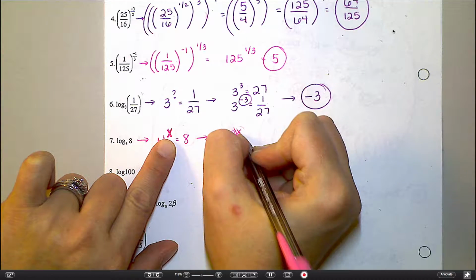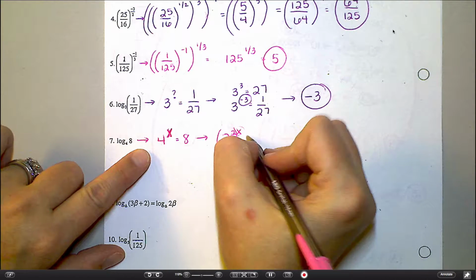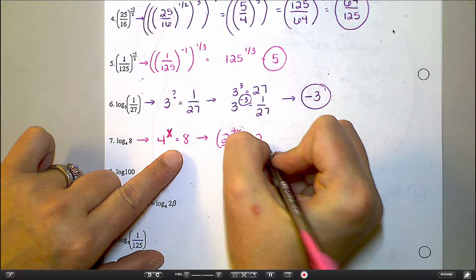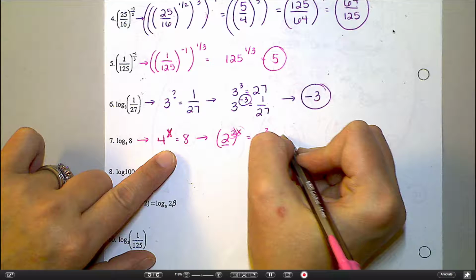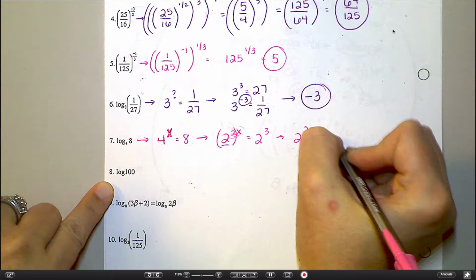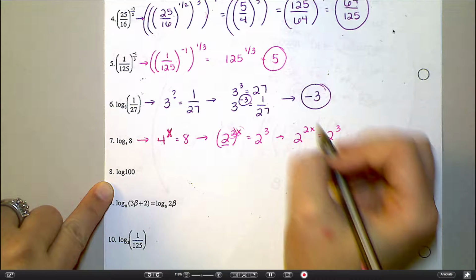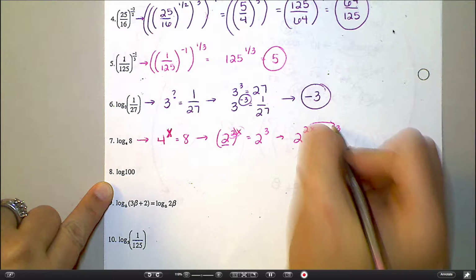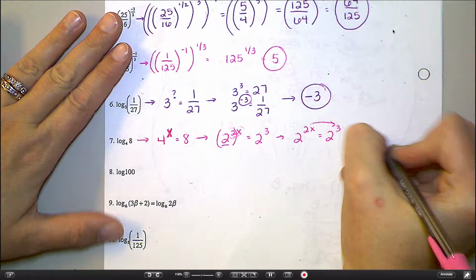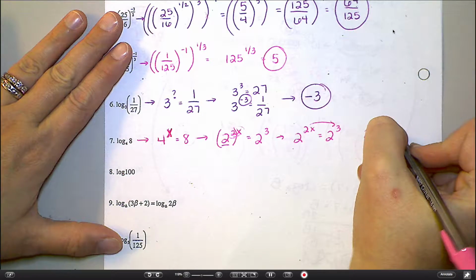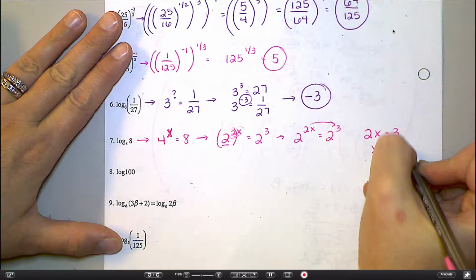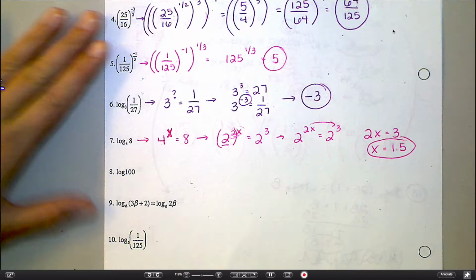And then I can just combine my 2x, which I'll do in a second. 8 can also be written as 2 to the power of 3. Let me just clean this up. It now says 2 to the 2x equals 2 to the 3. That means 2x has to equal 3. Solving for x, 2x equals 3, divide by 2 on each side, and x equals 1.5, or 3/2.